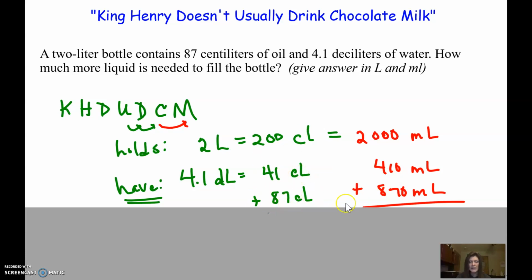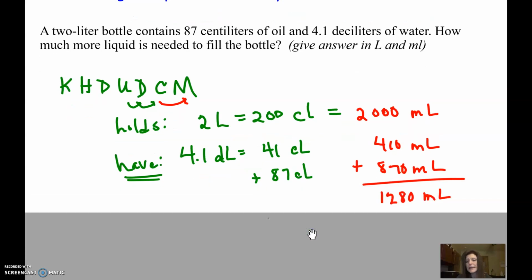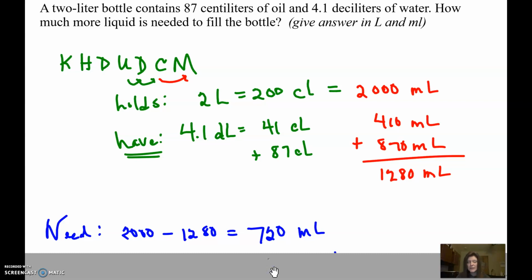Now I can combine these, but my final answer needs to be in milliliters, so we need to move the decimal over once, making it 870 milliliters. Combining those, we get a total of 1,280 milliliters that we have. We need 2,000 to fill the bottle, so that's a simple subtraction problem, and I get 720 milliliters are needed to fill the bottle.